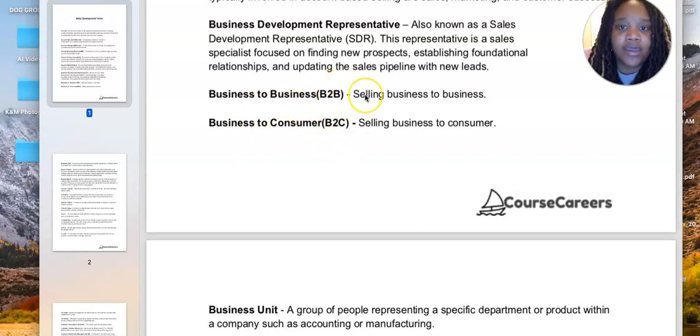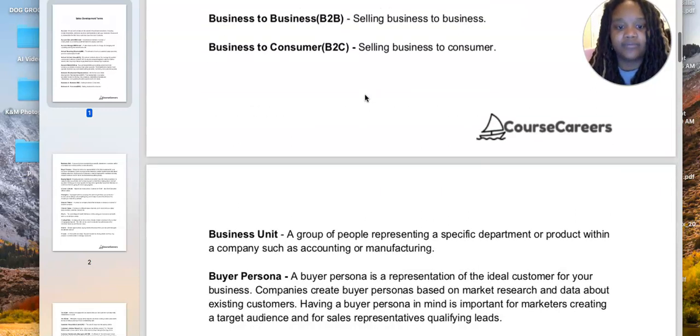B2B is more so a longer transaction. It's more of relationship building. It's a longer sales process, which 9 times out of 10 is going to require more work, and it's going to come at a high ticket commission. So they're going to be spending more money. It's a higher risk, but it's a lot of commitment, and it's potentially a lot of money that you can make.